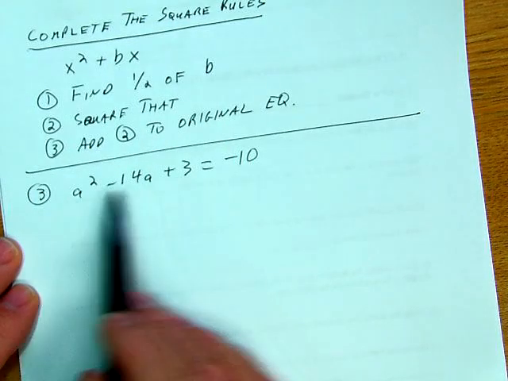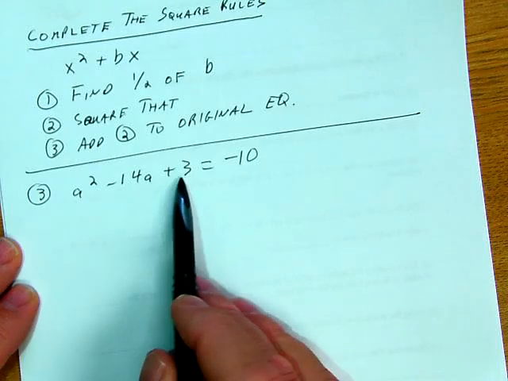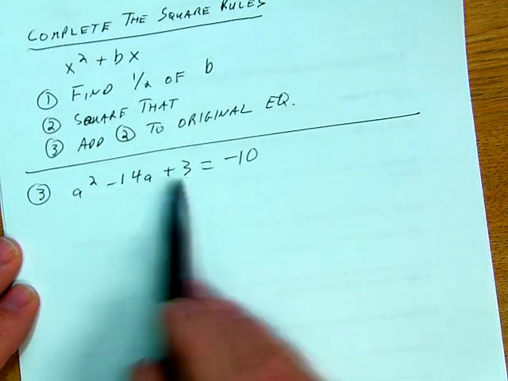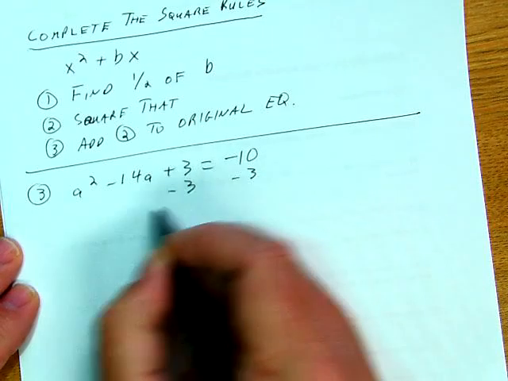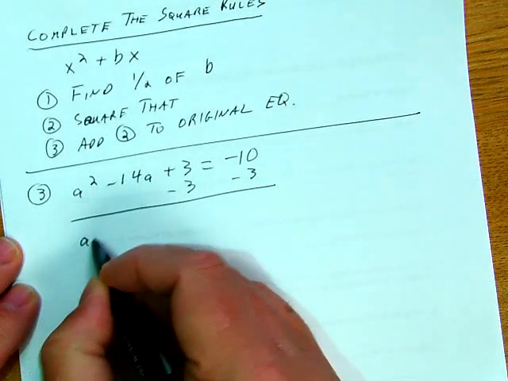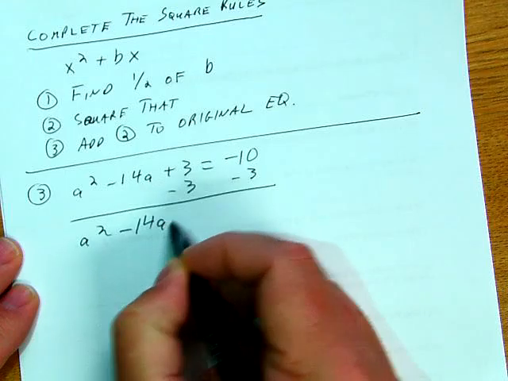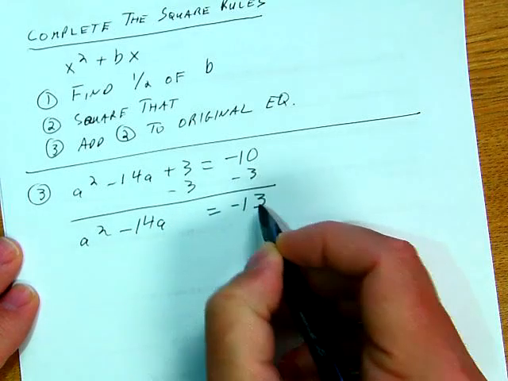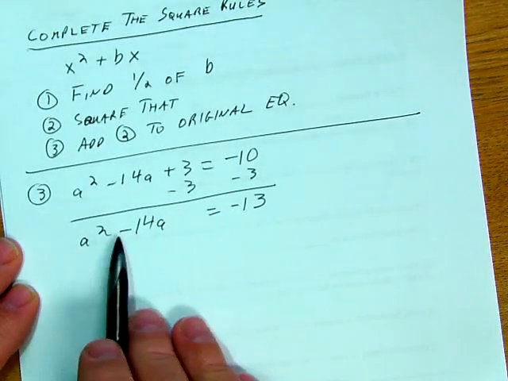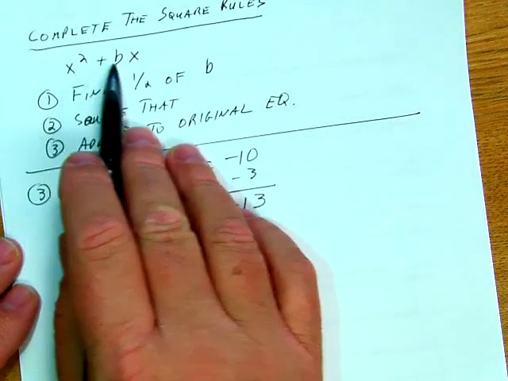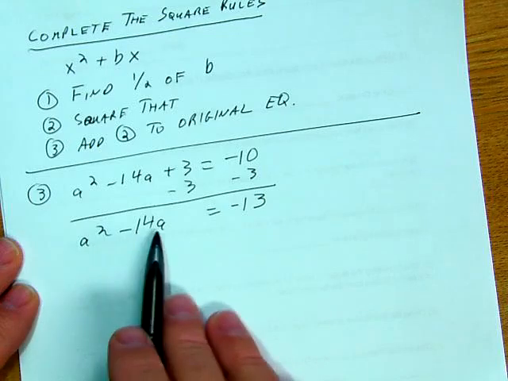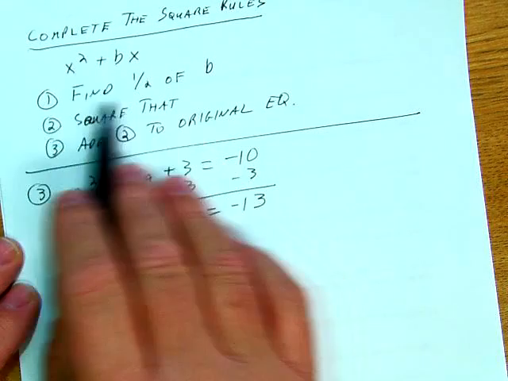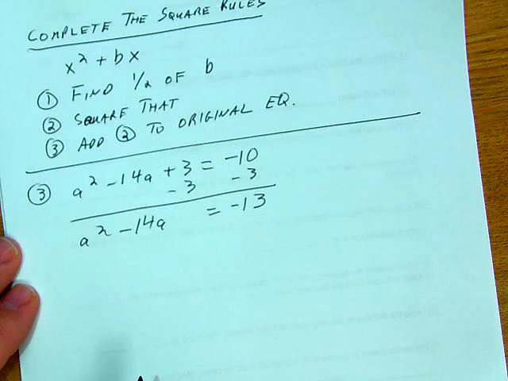I would look first to see if this is a perfect square trinomial, but since 3 is not a perfect square, this can't be a perfect square trinomial, so I'm going to subtract 3 from both sides. That leaves me with a squared minus 14a is equal to negative 13. And now you can see that I have a squared term and a single term, a squared and just a. So now I've got it set up to do a complete the square.